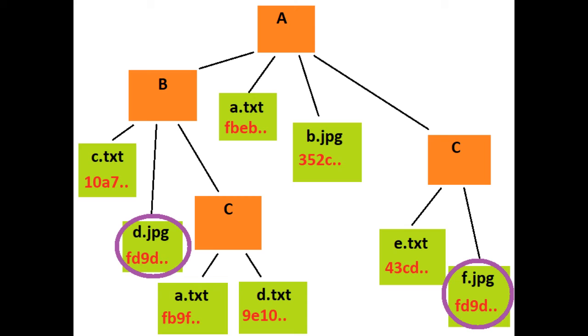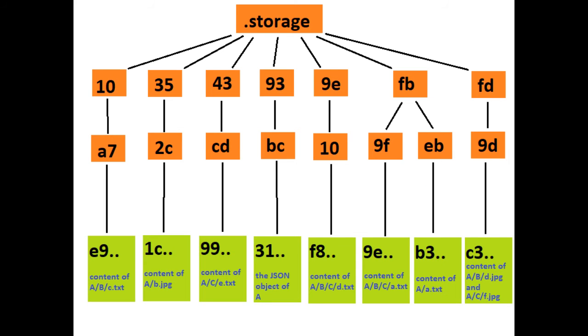Recall that we had 2 files in our file tree with the same content, DJPEG and FJPEG. In the file tree, these 2 files use twice the space than each one of them. In our SHA-1 storage, both files are just stored once under the address FD9D. Any 2 equal files and any 2 equal file trees are only stored once.